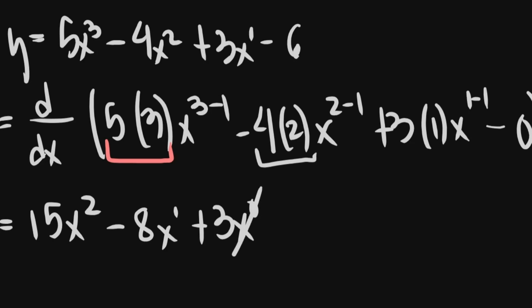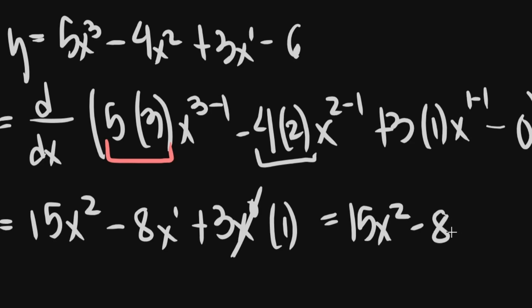Here, any number that has exponent 0 would equal 1. Therefore, our final answer should be 15x squared minus 8x plus 3.